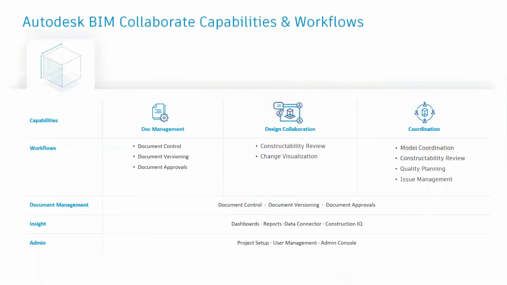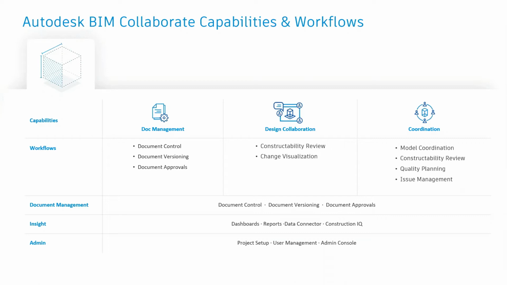So in terms of how it all works, the capabilities and workflows that we want to talk about are the document management. I'm going to talk a little bit more at the end of this about the insights and the doc management control. I've got a few slides that I want to talk around in that area. But those workflows include document control and versioning and approvals and also transmittals.